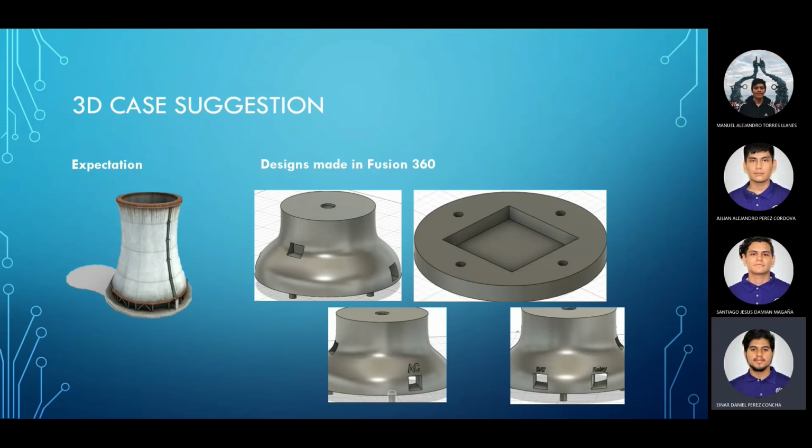We divided it into an upper part and a bottom part. We made the holes and the spaces for the display and the sensor, and some cuts to place wires for the entire circuit, which will be inside the case. These are our finished designs, and we look forward to implementing them in the future.